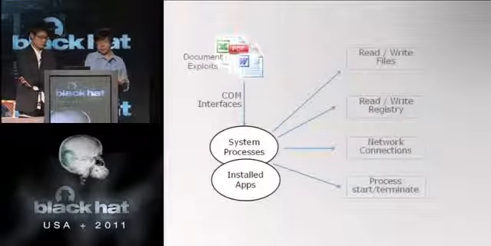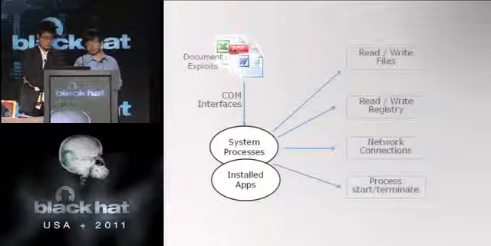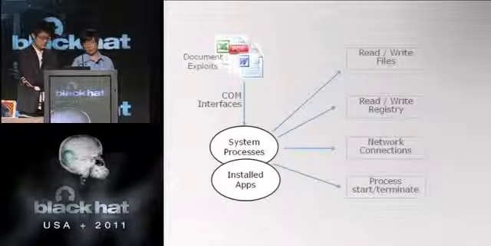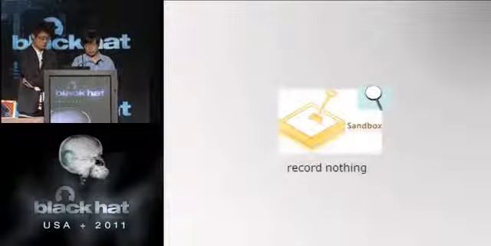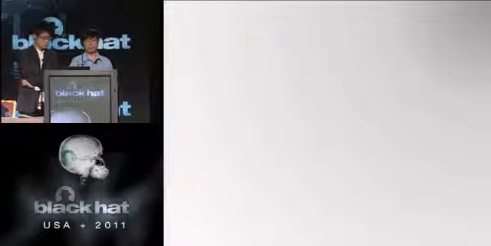Actually, not only system processes, some general installed applications could do the same things as well. For example, Word, Excel. They provide COM interfaces, so they can do things for malware.